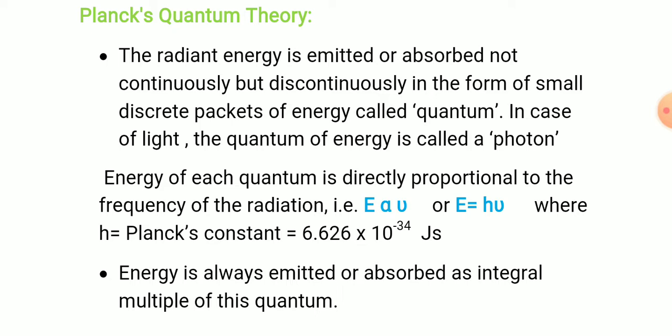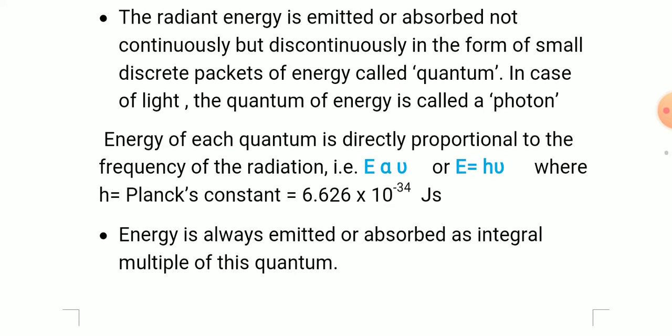So E is proportional to nu, or E is equal to h nu, where h is a constant called Planck constant, and the value of Planck constant is 6.626 into 10 to the power minus 34 joule second. The next point of Planck quantum theory is that energy is always emitted or absorbed as an integral multiple of this quantum, that is h nu, 2h nu, 3h nu, 4h nu.